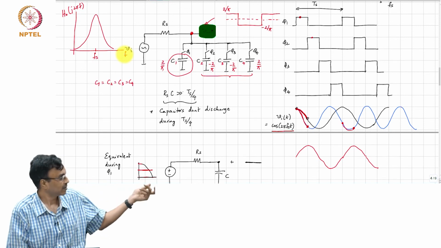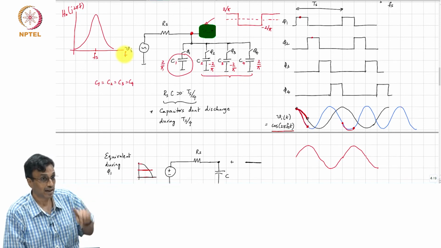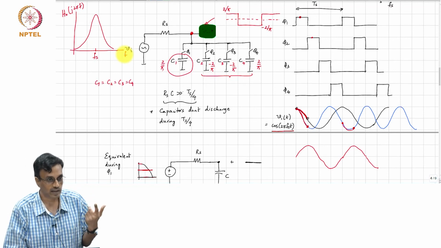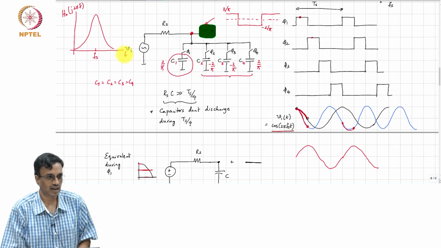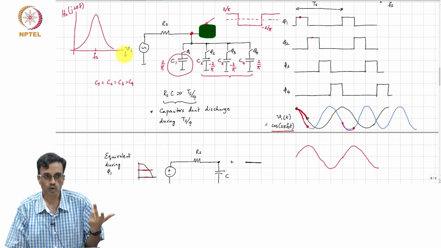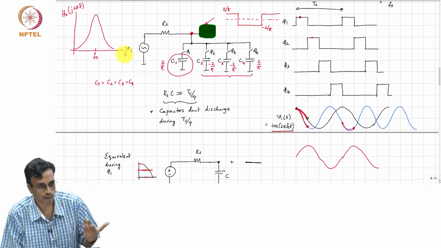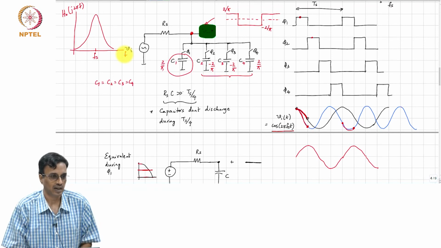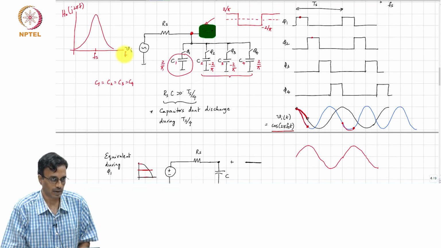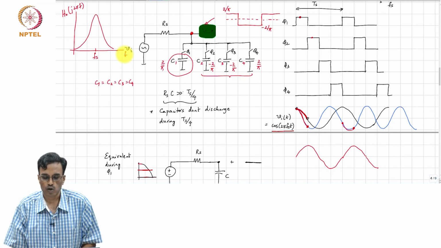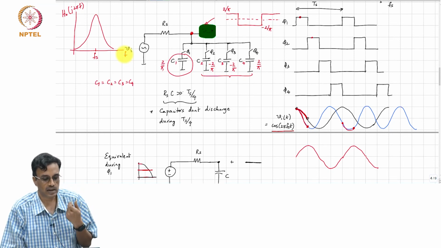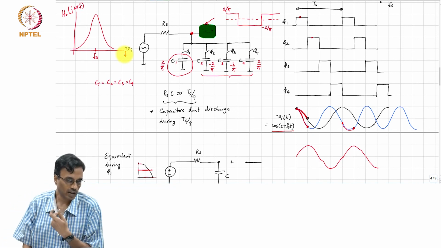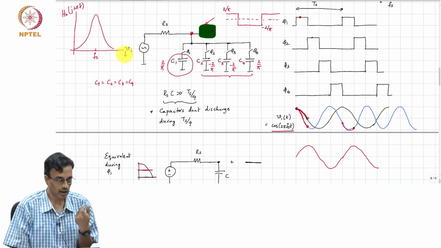And it is band pass at Fs, which is the clock frequency, right? So if you want to change the center frequency of the band pass filter, what will you do? By changing the clock frequency, you can change the center frequency of the band pass filter, right? So this is a tunable band pass filter whose center frequency depends on a clock frequency, which can be made very accurately.